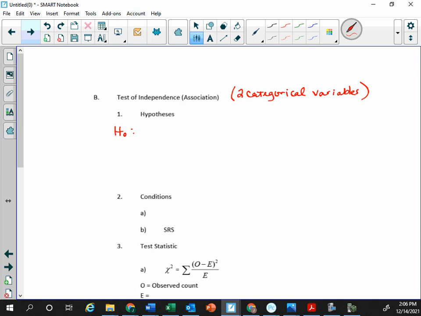So two ways you could write it. The variables are not associated, or you could say they are independent. You don't have to say both. You just pick which way you're going to phrase it.